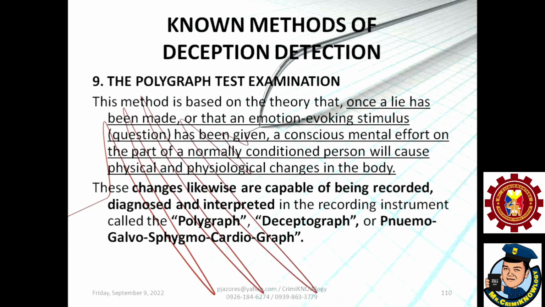Some call it deceptograph, or some call it pneumo-galvo-sphygmocardiogram, composed of pneumo, galvo, and sphygmo. Those three common instruments of detecting the physiological changes in the body are all incorporated into the device called polygraph. So far, these are the nine common or well-known methods of deception detection.